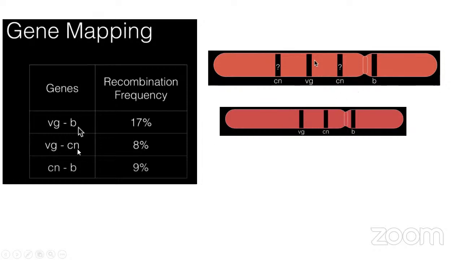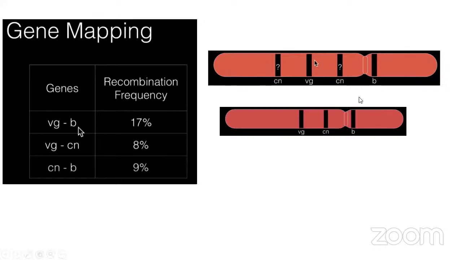Now there is another gene called CN, and the distance between VG and CN is 8%. Now we need to find the location of the gene CN. The frequency of recombination between VG and CN is 8%, so VG and CN should be close to each other.